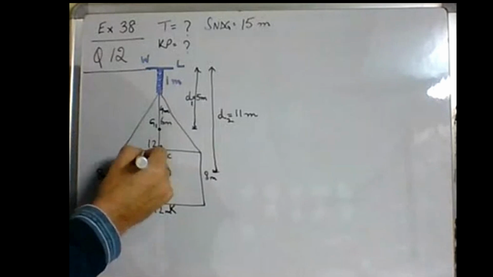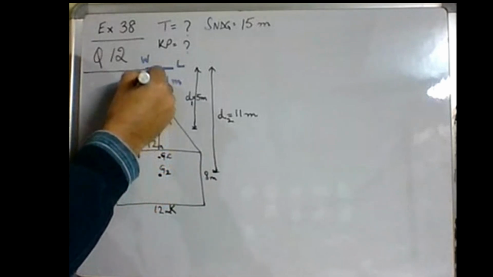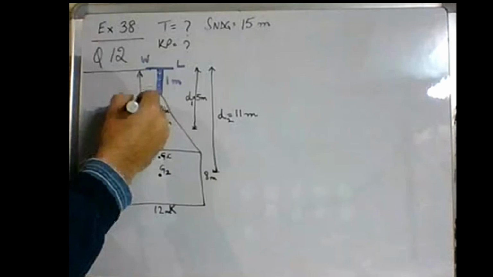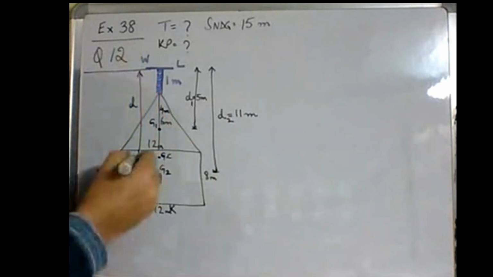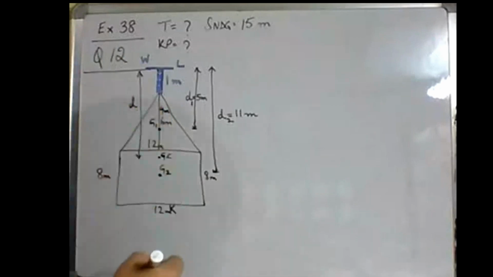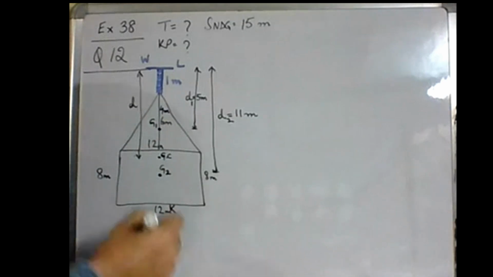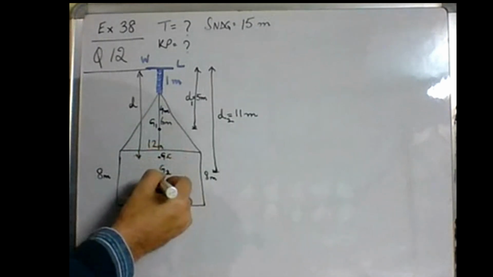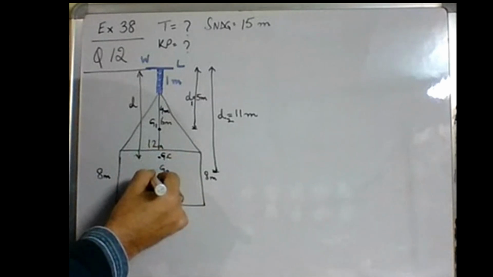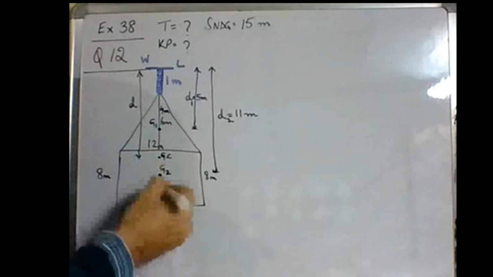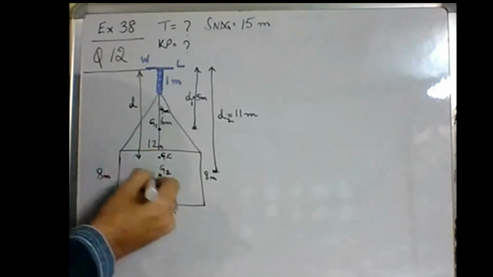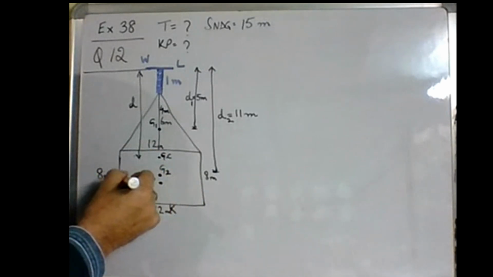By definition, G2 to the waterline is known as small d, which I have to find. The center of pressure will lie below the GC. I don't know where, so I'm just placing it somewhere. It could be above G2, it could be below G2. I don't know कहाँ पे होगा, तो मैंने just उसके नीचे डाल दिया.